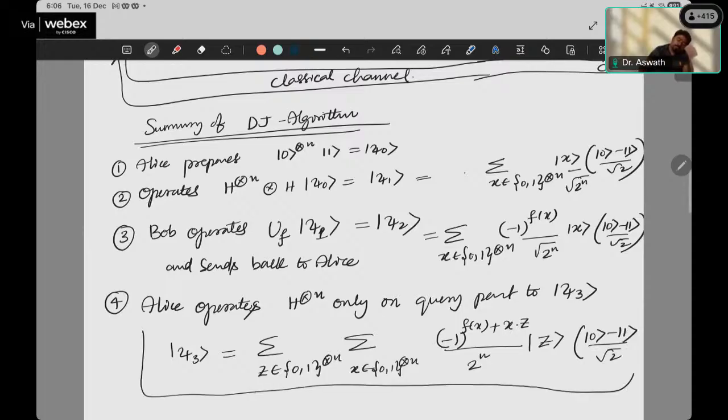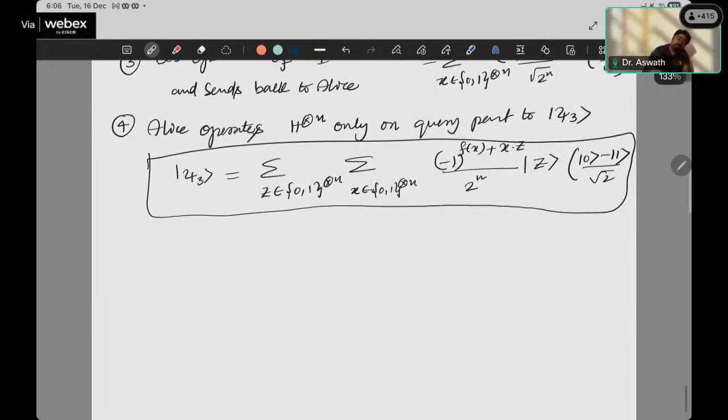This is the psi 3 Alice gets after the Hadamard action. Next, Alice measures only the query part of psi 3.